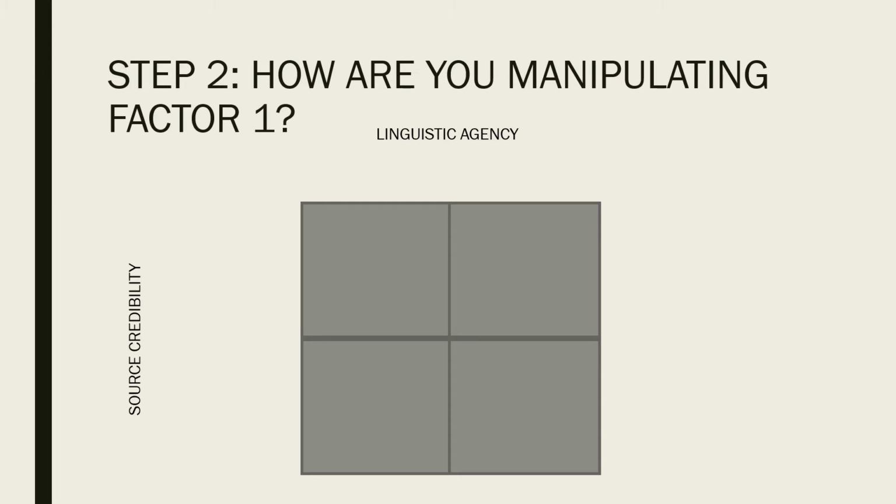Once you've decided and established what your factors are, you're going to now decide how you're going to manipulate those. And once again, hopefully you've already done this, and so you can just plug things in, and hopefully this assignment doesn't take you too long at all. So since my first factor is linguistic agency, I have to decide how I'm going to manipulate that.